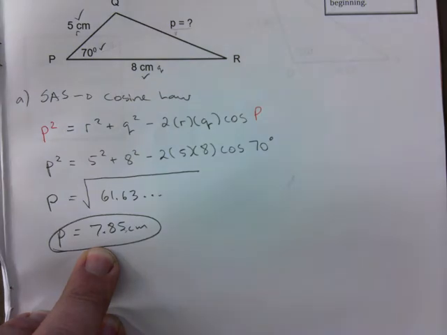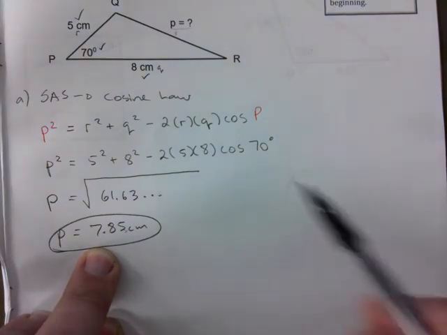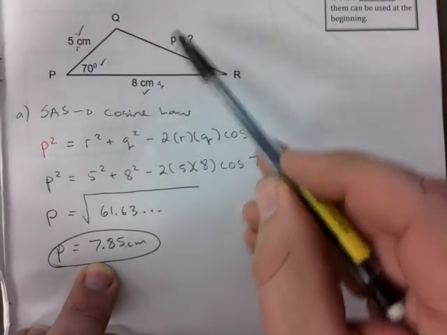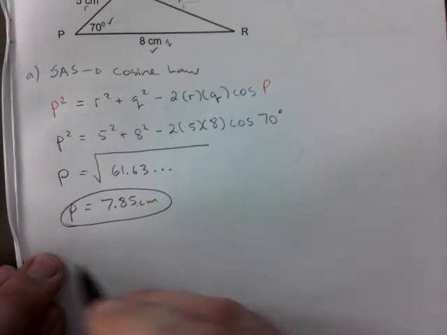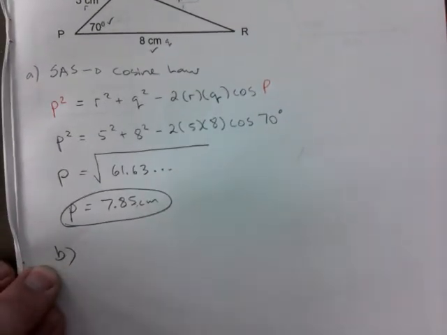So you could continue your journey with sine law, but you also now have, watch this, SSS. You have all three sides. So you could continue your journey with cosine law if you wanted to. I'm going to stick with cosine law. Let's just do this one example, and then you can go.